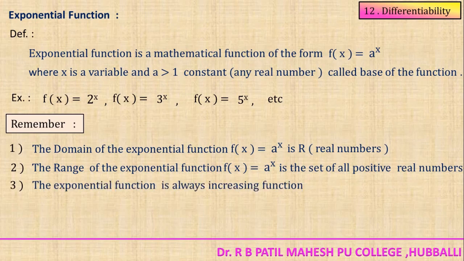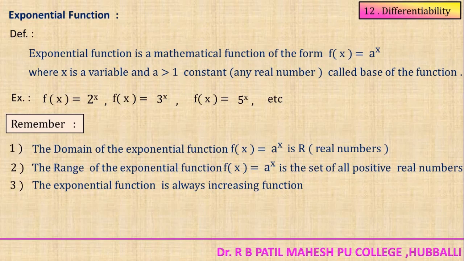So the next point is, the exponential function is always an increasing function. That means when you draw the graph of the function, you always get it in increasing form. You never get it in the down form. If you draw from left to right, it is always in the upward direction.